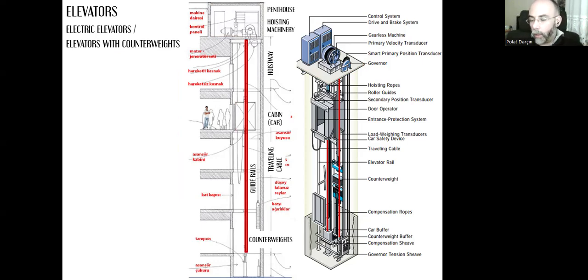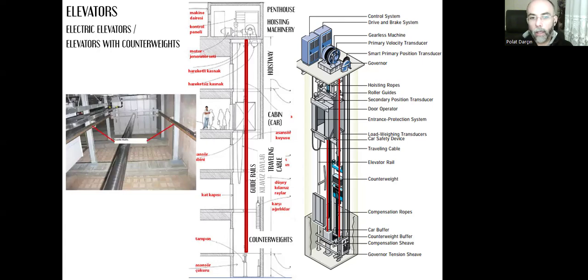It's generally on either side of the cabin, and it looks like that. These side parts are connected to the cabin, so the cabin moves in between them. These side rails, guide rails, prevent the cabin from swaying sideways.